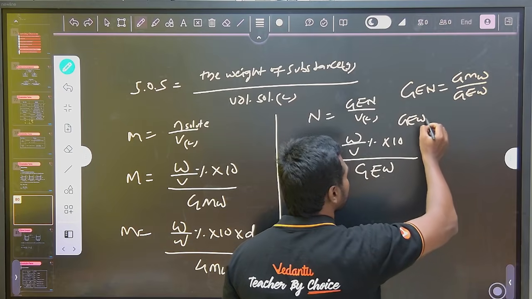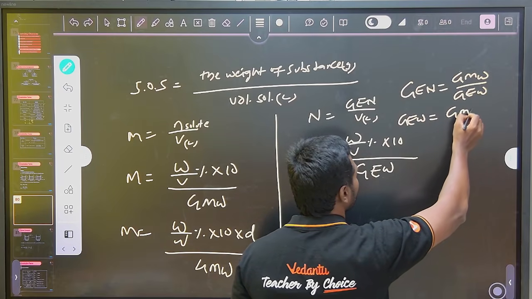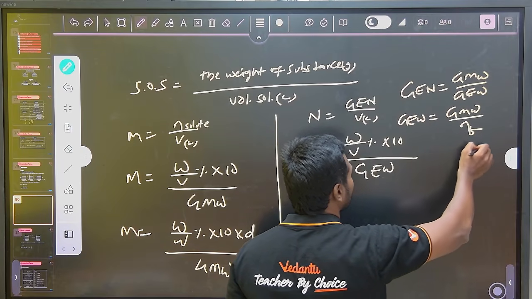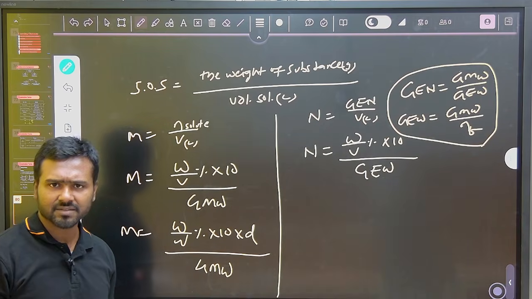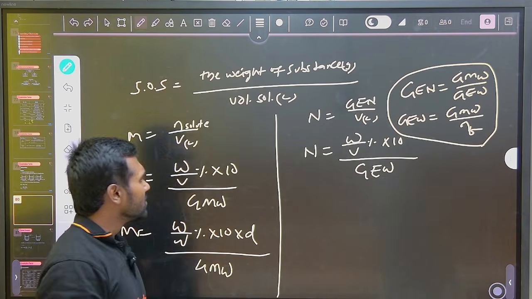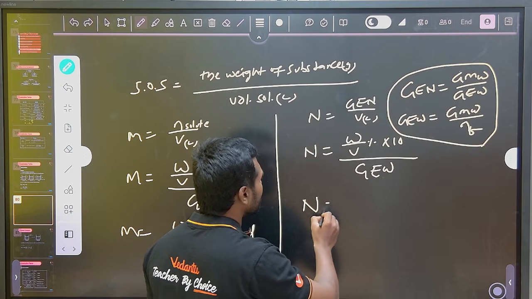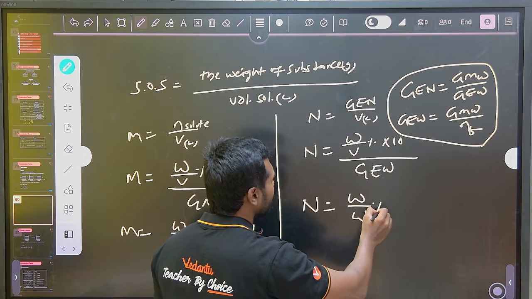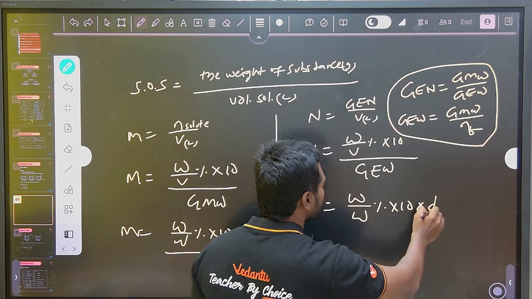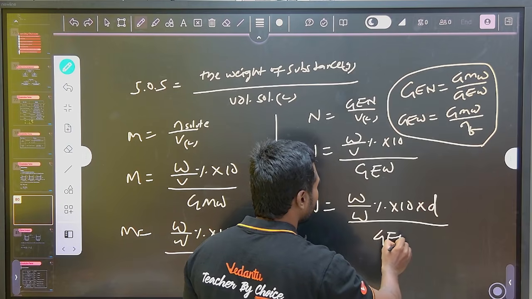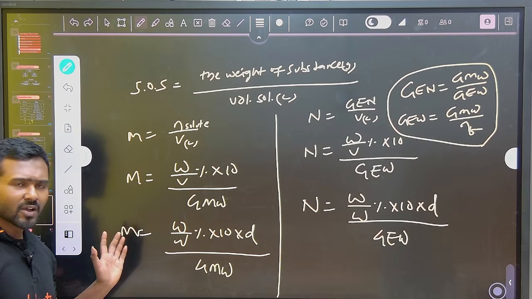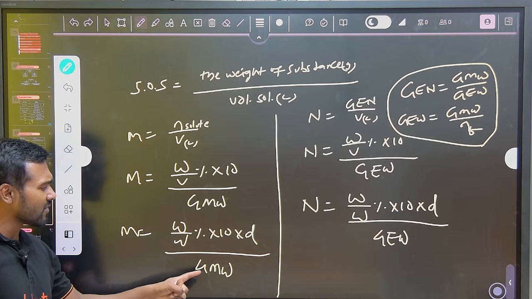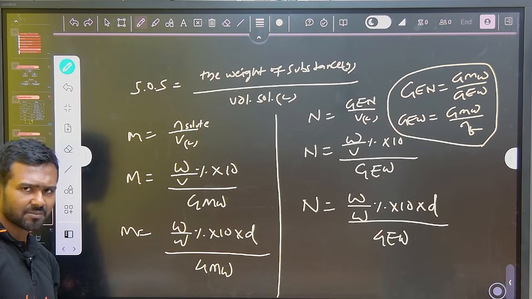Gram equivalent weight is equal to gram molecular weight by n factor or valency factor. So now normality is equal to weight by weight percentage into 10 into density by gram equivalent weight. So you can see the same formulas if we compare these two, but instead of gram molecular weight, gram equivalent weight came.